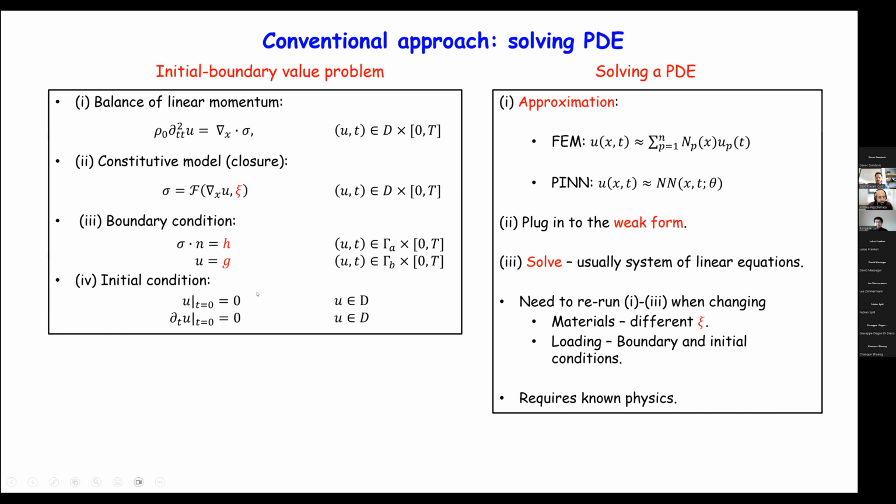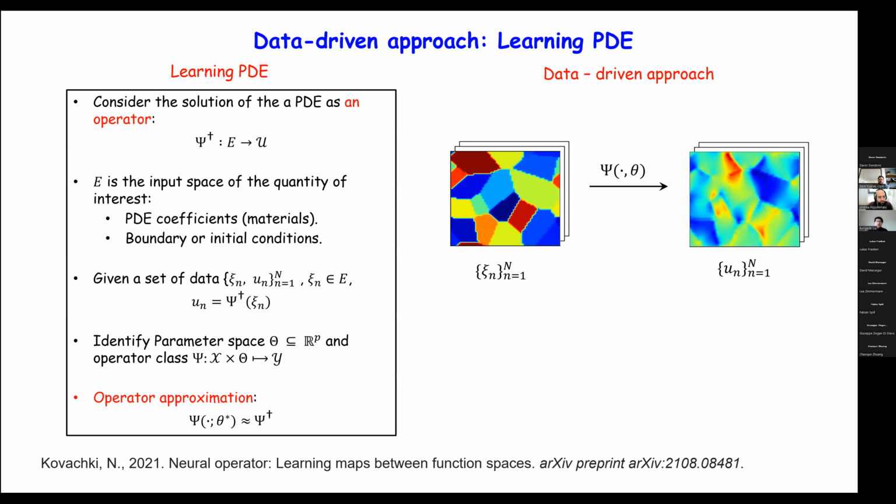So this is the classical way, and what we are proposing is called learning partial differential equations. The key idea is that we consider the solution of a partial differential equation as an operator that maps the input space of the quantity of interest.